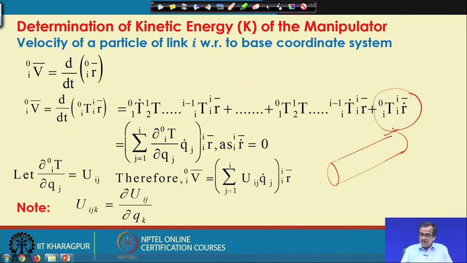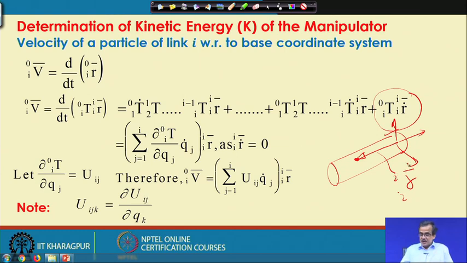Now, if this is the rigid link and I am just going to concentrate on a particular point, and supposing that I have got the coordinate system here. So, this is actually the position of this particular differential mass, and this is nothing but r_i with respect to i.